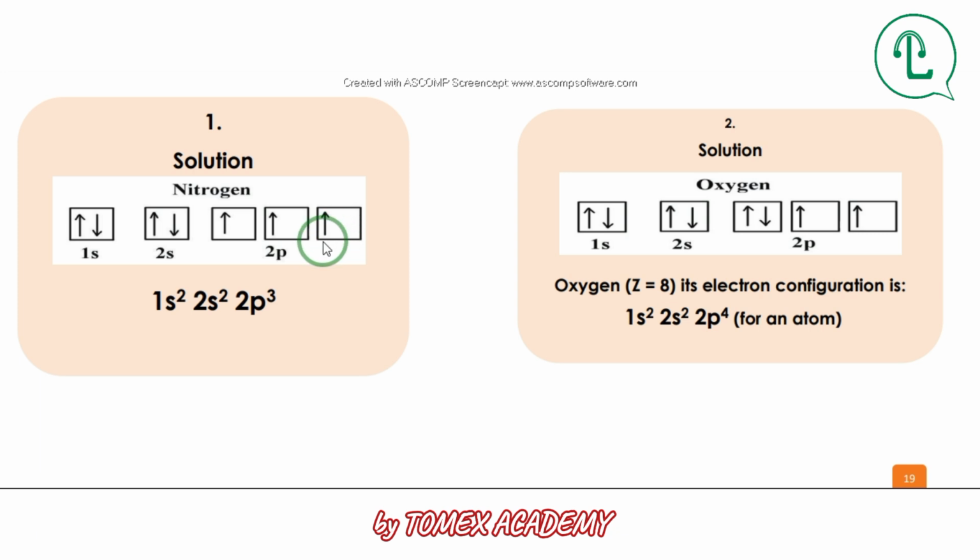But because we have 3 electrons remaining, the electrons will be filled in this order. The same thing with oxygen, we are going to have a maximum of 2 electrons here, 2 electrons here. Because we have 4 electrons left in oxygen, the electrons will enter singly, as in 1 electron first, 1, 1, then pairing will start to occur with the 4th electron.